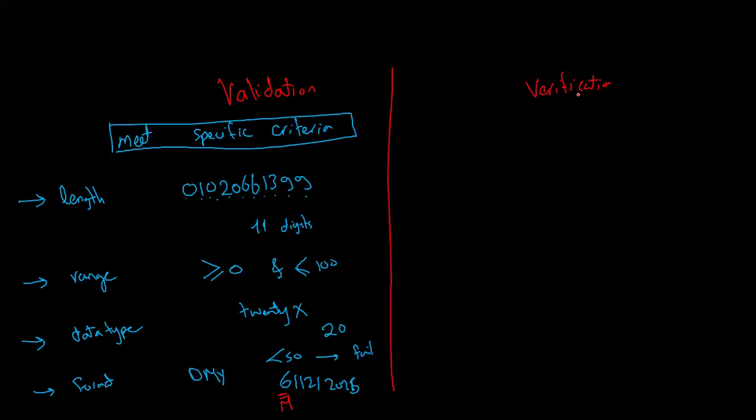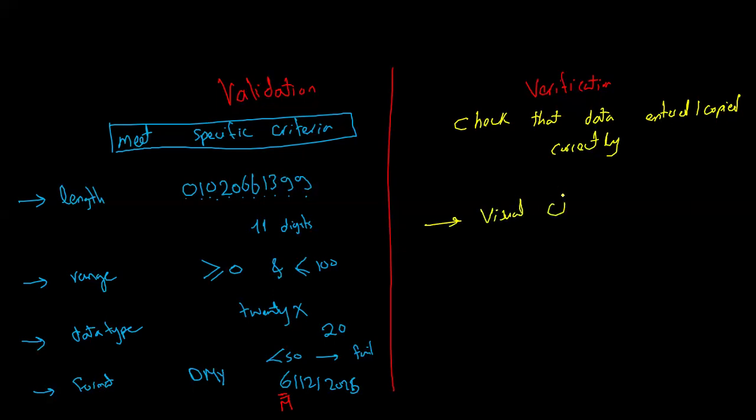Okay, verification, you will check that data is entered correctly or copied correctly. And we can do it using two ways. The first way is visual check. The second way is double data entry.